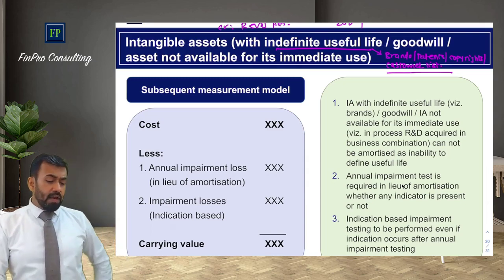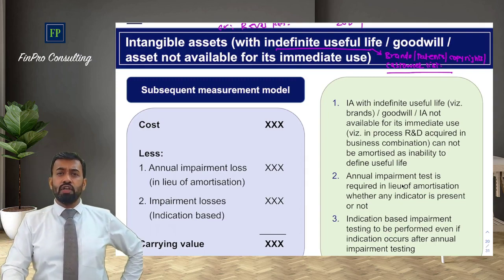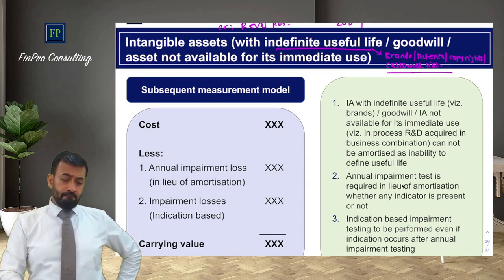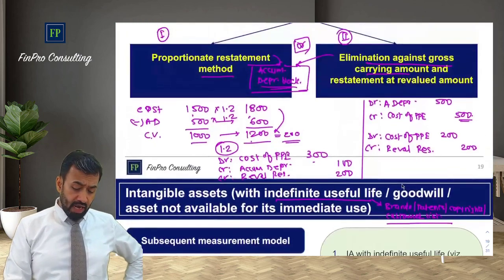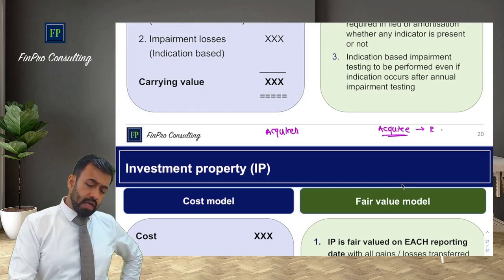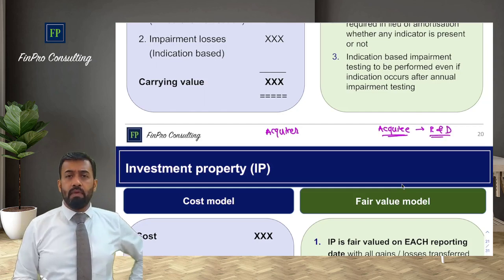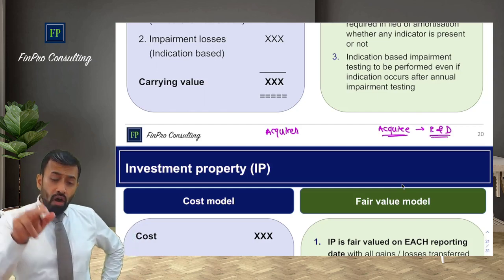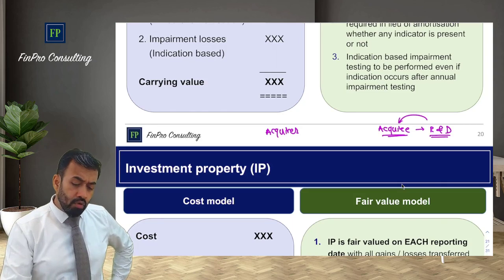Similarly, an intangible asset which is not available for its immediate use. Now, what is the example for that? Very simple, I'll tell you. Let's say this is the acquirer and this is the acquiree. The acquiree is executing research and development, which is not eligible for capitalization in the books of the acquiree.